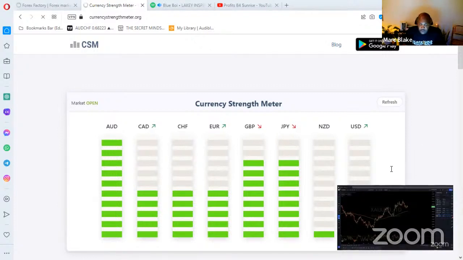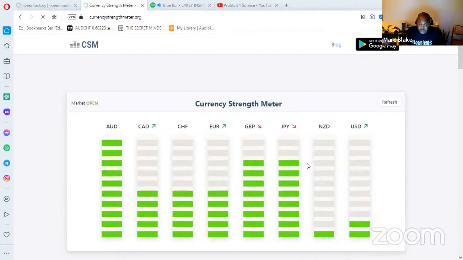Well, you can see here the currency strength for USD is 2 bars, and Euro is 5 bars. Japanese yen is the strongest, at 6, 7, 8 bars.